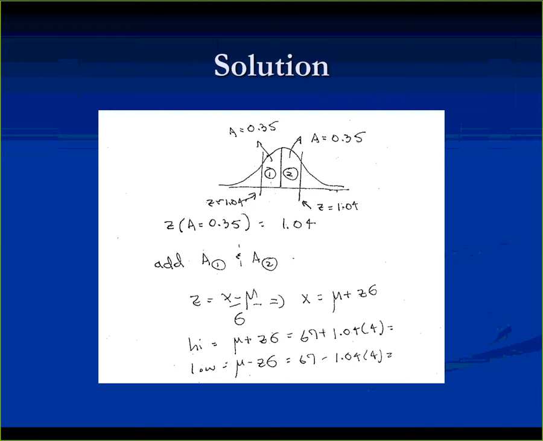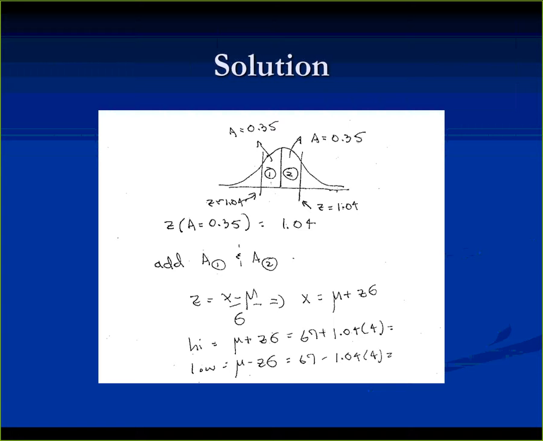Because it's a symmetrical distribution, you have to have an equal area to the right of the mean and an equal area to the left of the mean. Since it's the middle 70% and you split it exactly in two, the area to each side of the mean is 0.35.